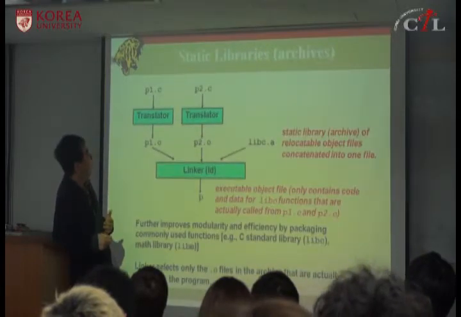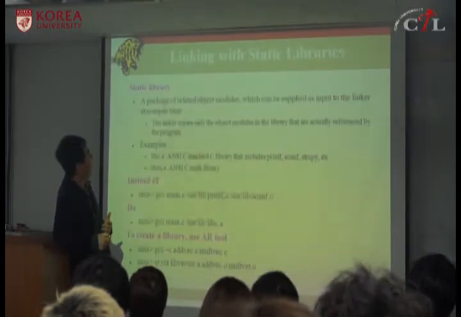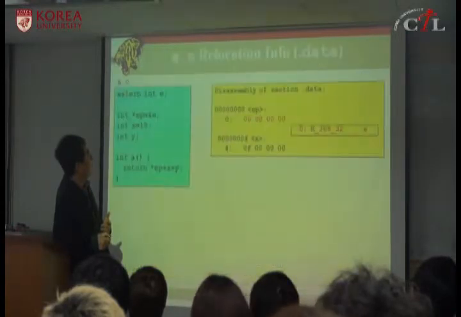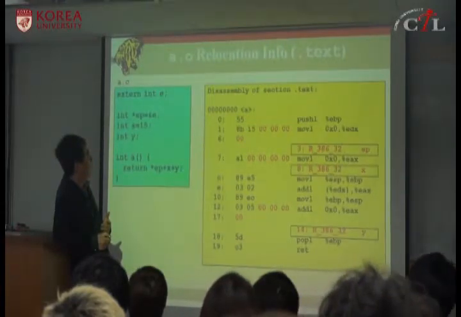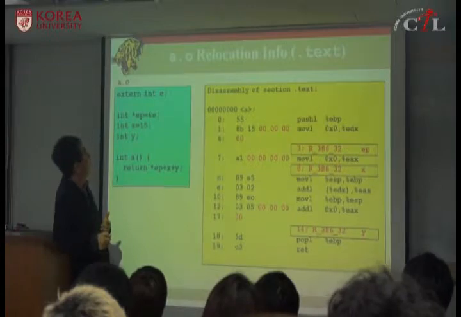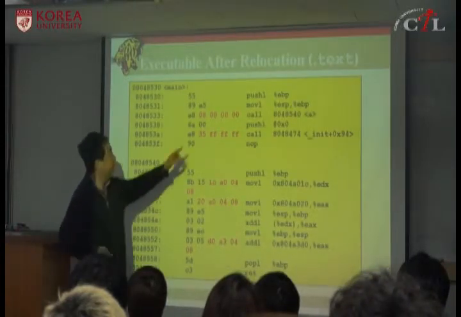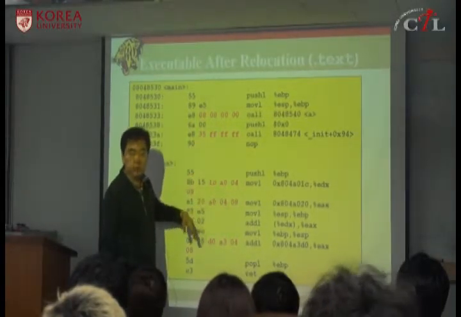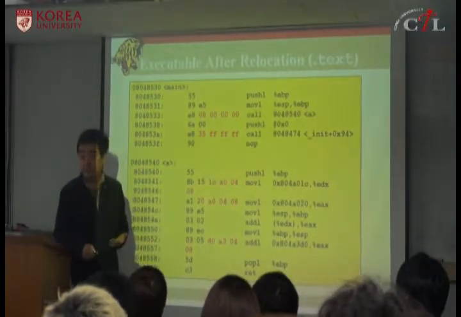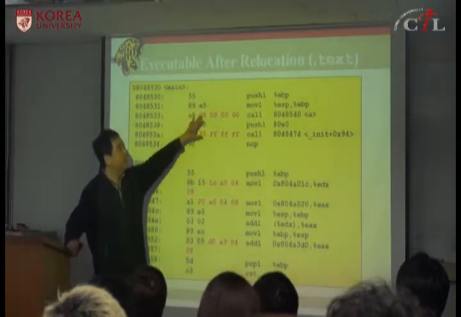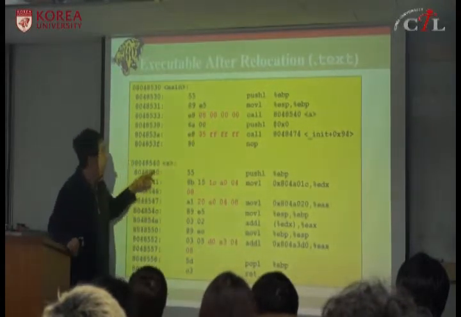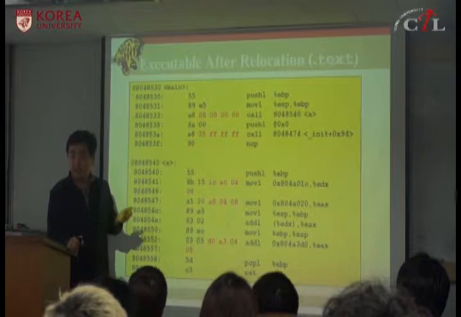So they can modify this question mark using the actual address. So here this is calling function A and they are using PC relative addressing.